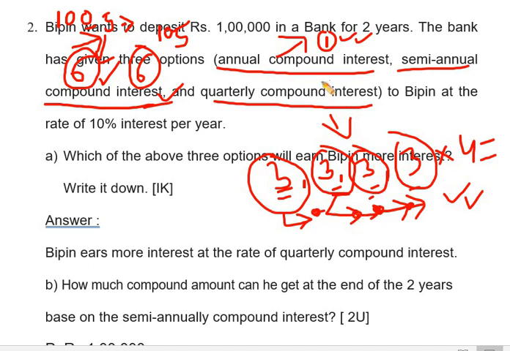So it is clear that for any amount at the same time and the same rate, quarterly compound interest is higher than semi-annual compound interest, then annual compound interest, then simple interest.